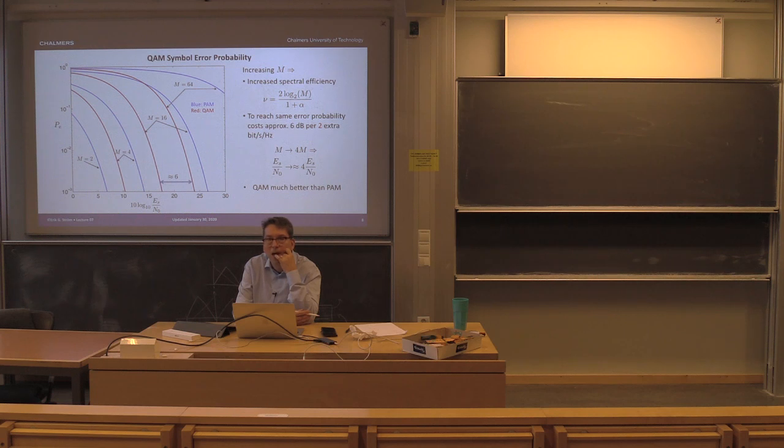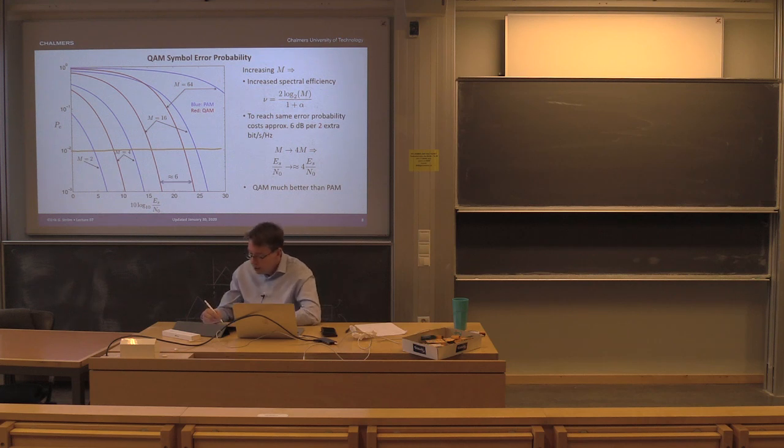How many for PAM? How many for QAM? Yeah, it's a slight overweight of QAM. Yeah, QAM is much better. I mean, it's actually said here also, so yeah, okay. The thing is that you would like to reach the same error probability, say 10 to the minus 2, at the lowest possible SNR.